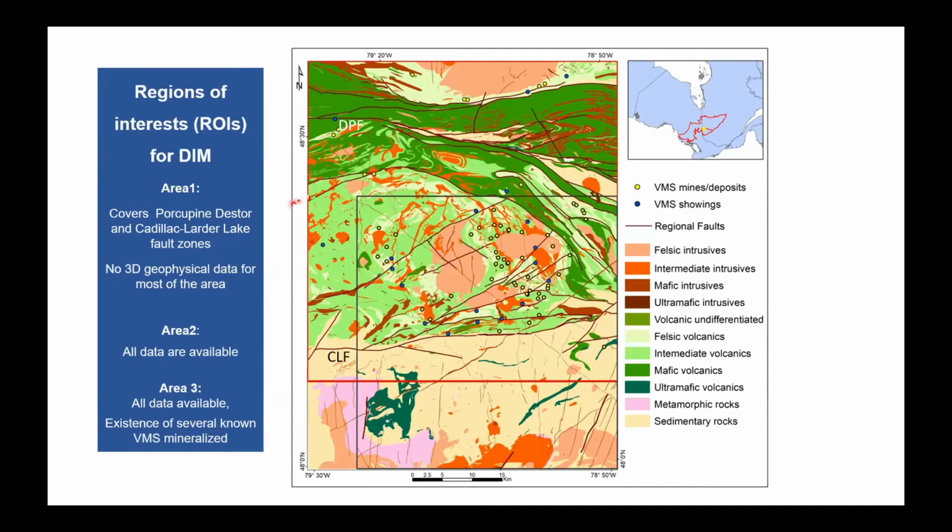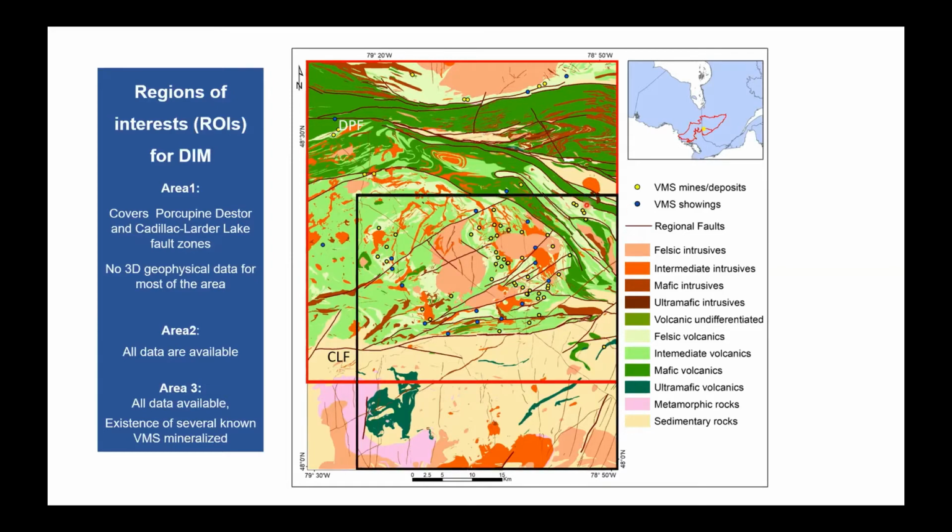Because all data were not available for the whole study area, we selected 3 regions of interest for integration. The first region, which is shown in red, has no 3D geophysical data available for most of the northern parts of the area, so we didn't use these data for this model.